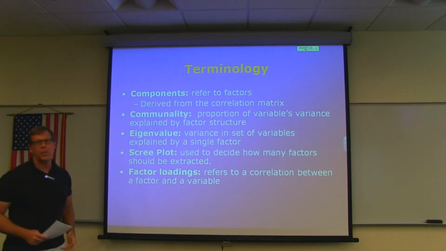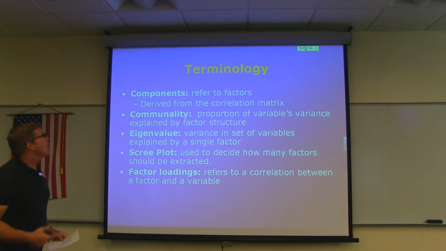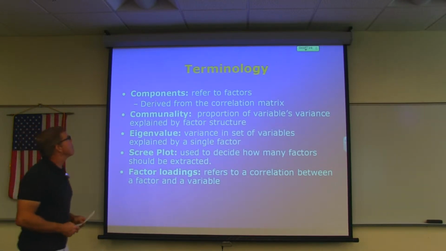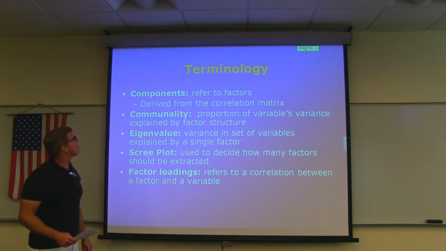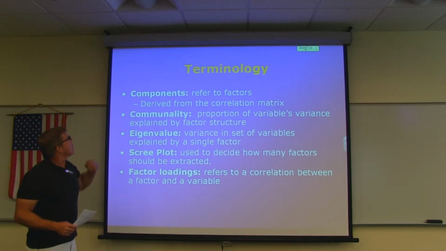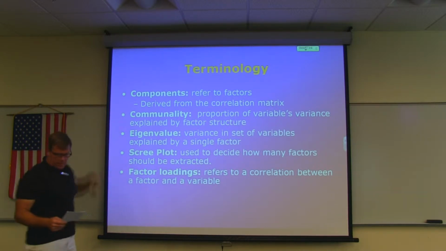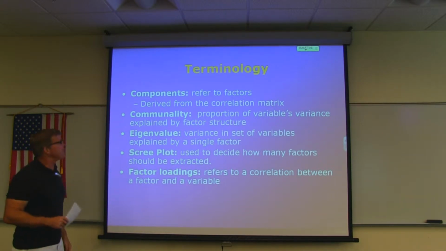We have some terminology that goes along with factor analysis. Components refer to factors, okay? We derive those from the correlation matrix. Communality. Now this is a term that's very similar to what we see in R squared.